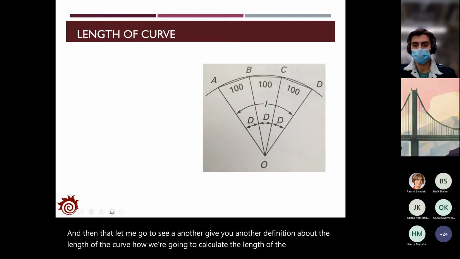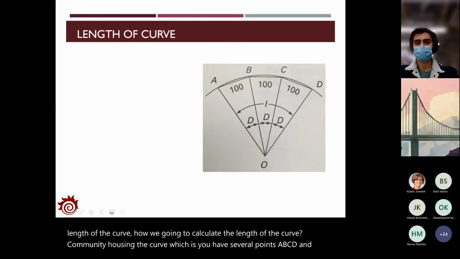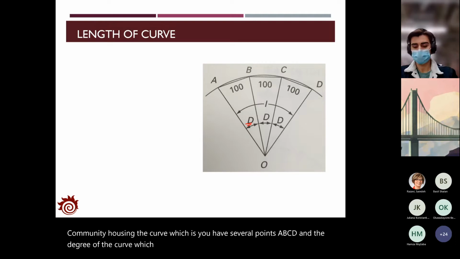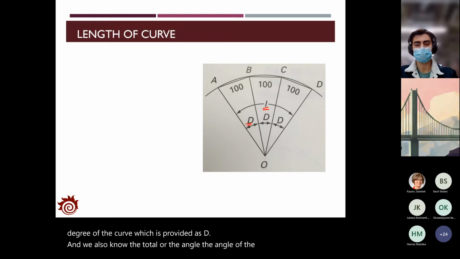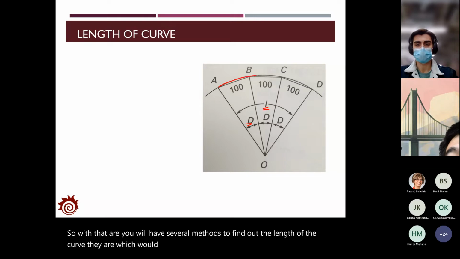Assuming that you have a curve, which has several points A, B, C, D, and you know the degree of the curve, which is provided as D, and you also know the total angle of the curve, that is capital I. So with that, you will have several methods to find out the length of the curve, which would be the length of the arc from A to D.